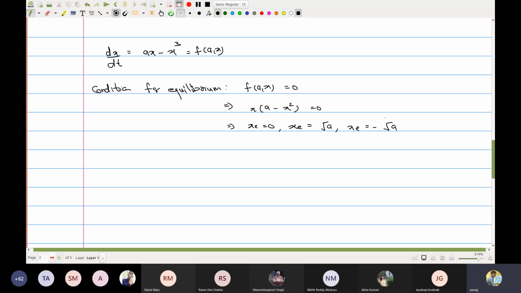Right? So the system described by dx by dt equals ax minus x cube has three equilibrium solutions: x equal to 0, x equal to root a, and x equal to minus root a.